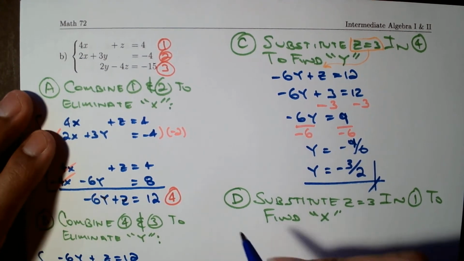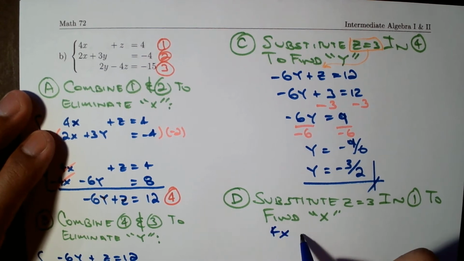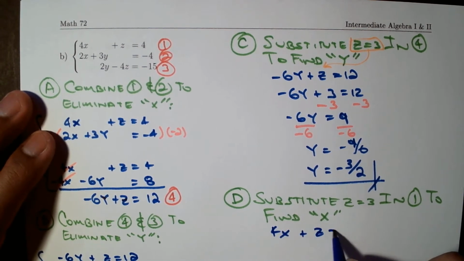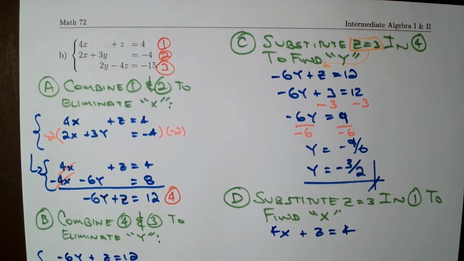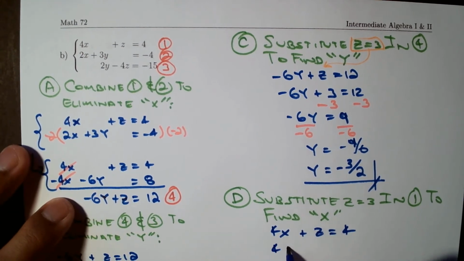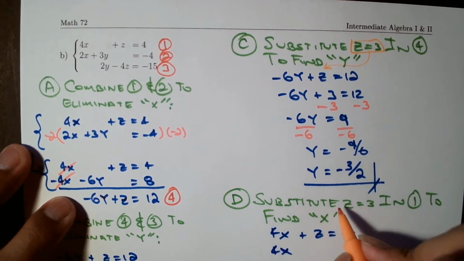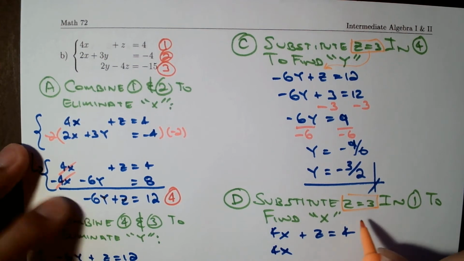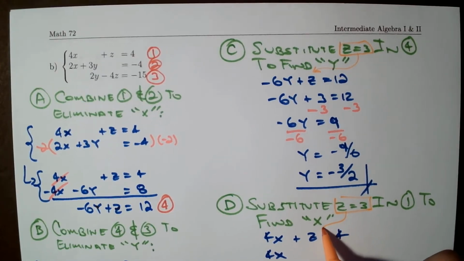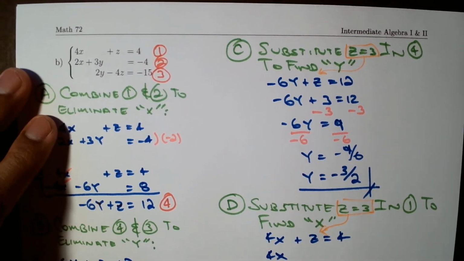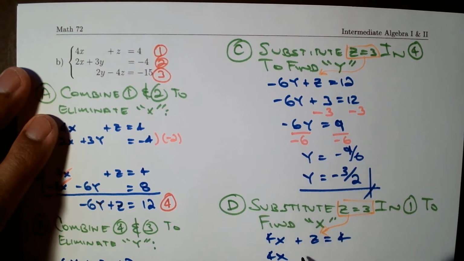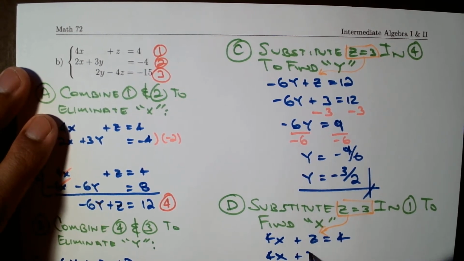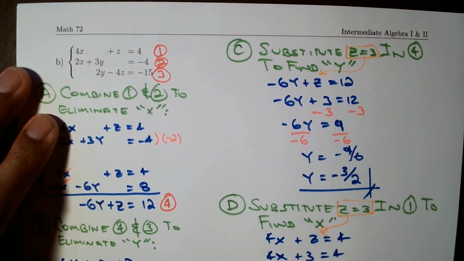All right, so let's write down that equation for 4x plus z equals 4. Again, we're going to plug this in here, and then subtract 3 on both sides.